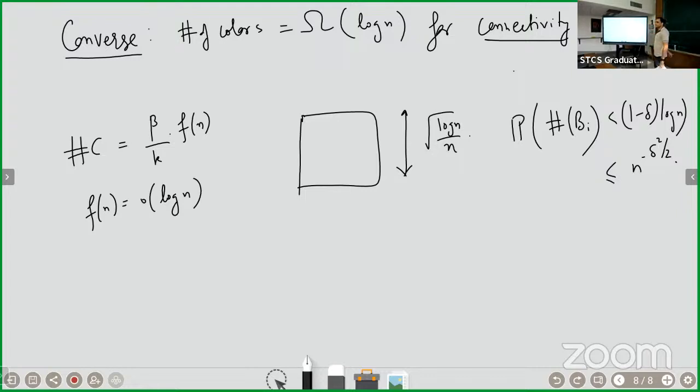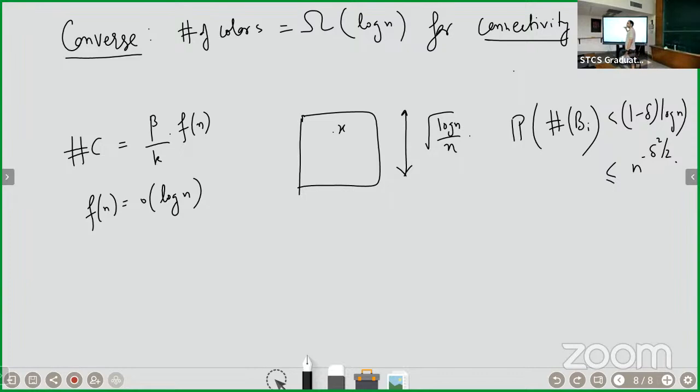At least kappa by beta. You're looking at arbitrary coloring. Yes, but with this many points and only that many colors, whatever color you pick, how many points will you find with the same color? Pick any x.